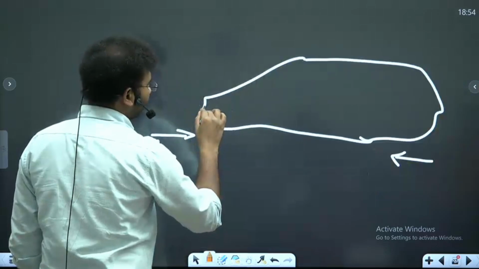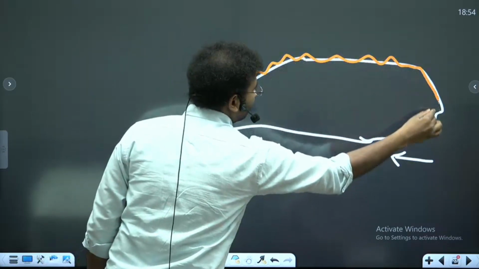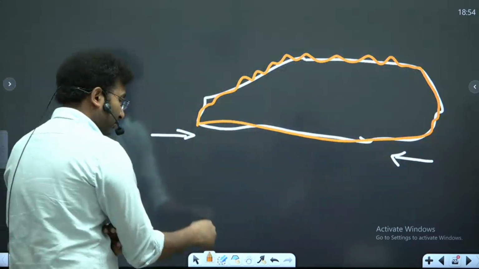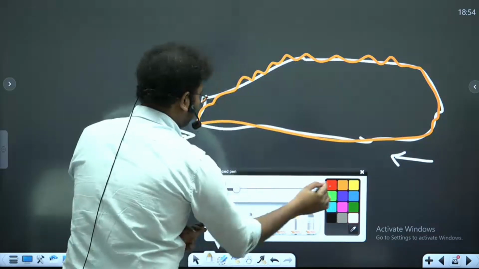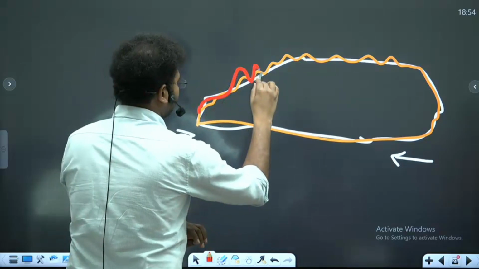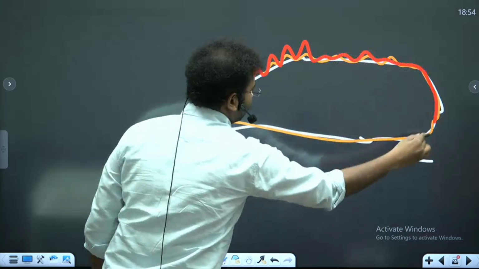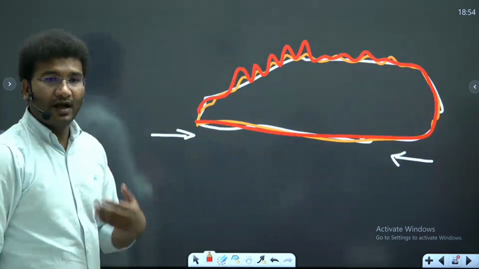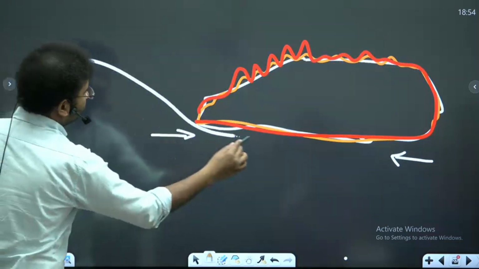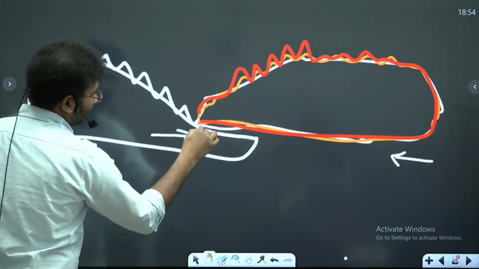It will be, right? Next, if I am pushing more, the shape will be like this. Do you agree? Again, if I am pushing more with the other Eurasian plate, here also you will see the crushing.